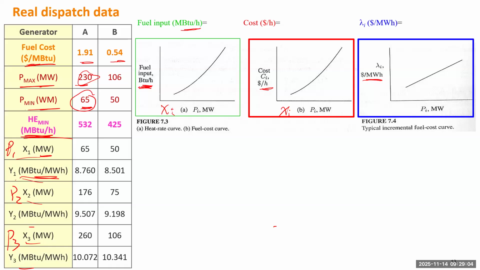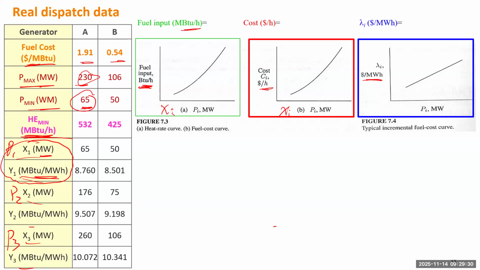So BTU per hour can be simply calculated from, for example, if you multiply S and Y, so what is the unit at each point?